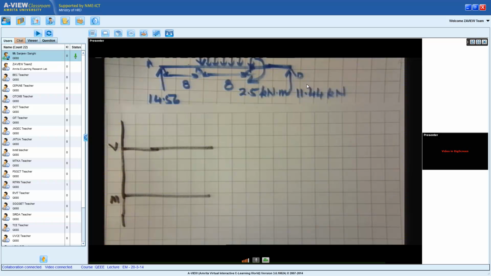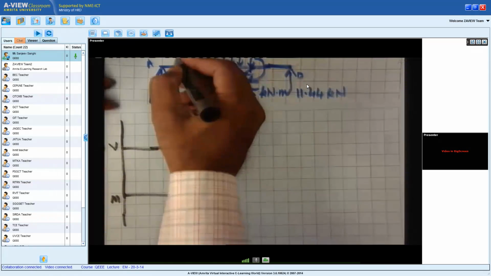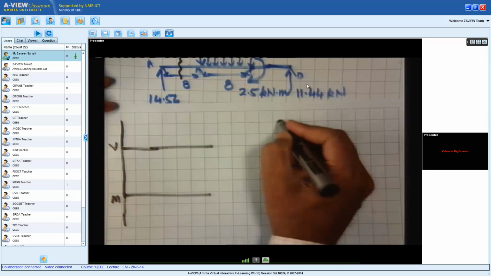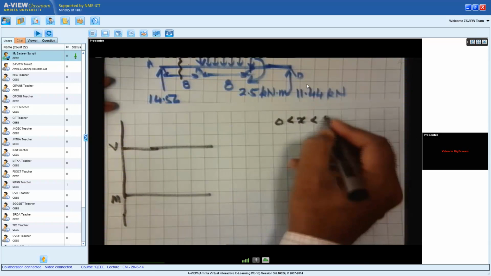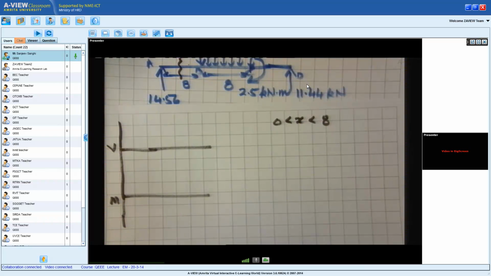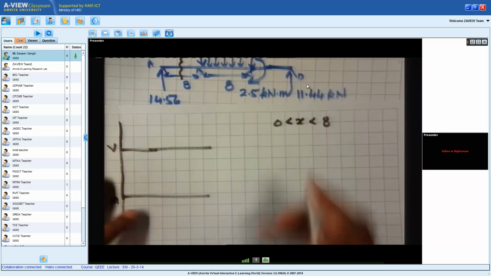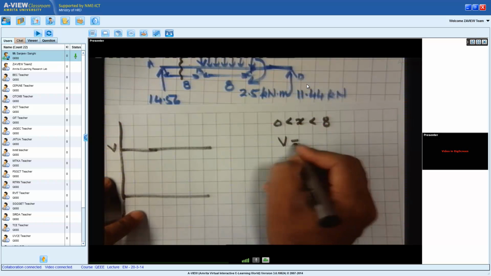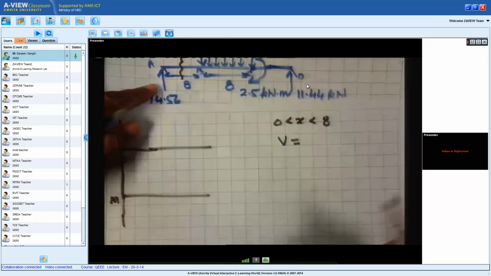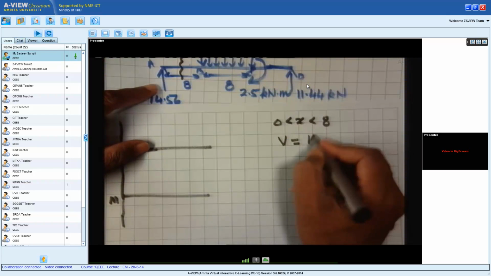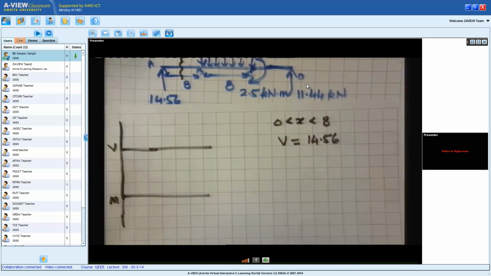Now the first section we cut is from 0 to 8. What can we say about the shear force? There's a force of 14.56, so V will be equal to 14.56.